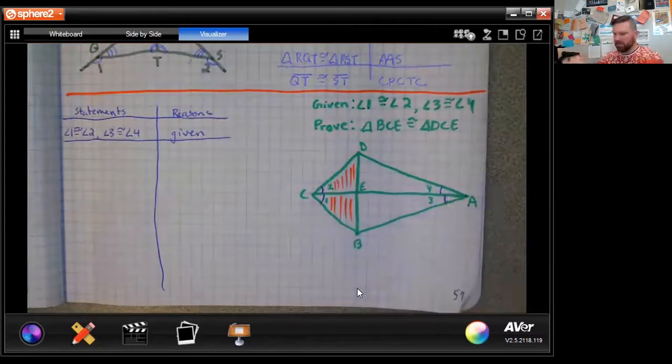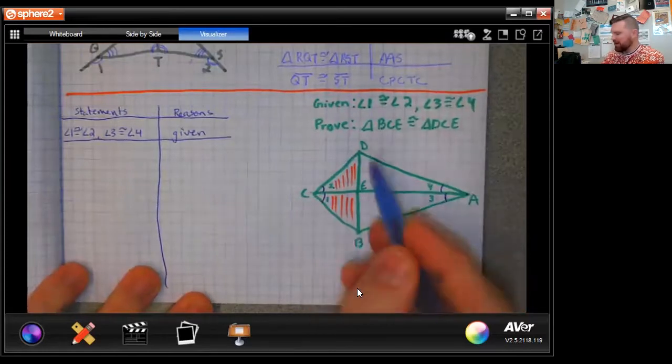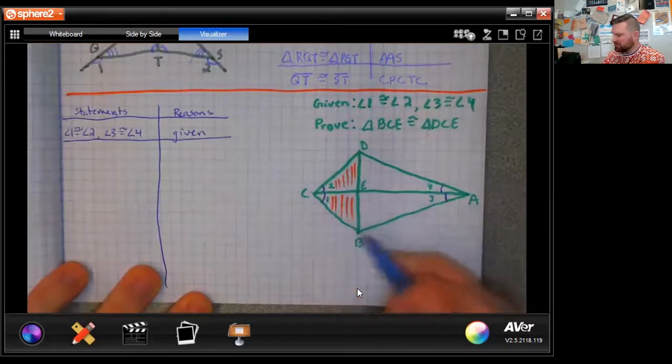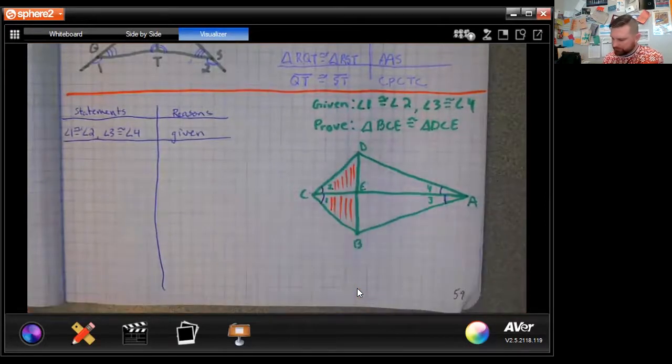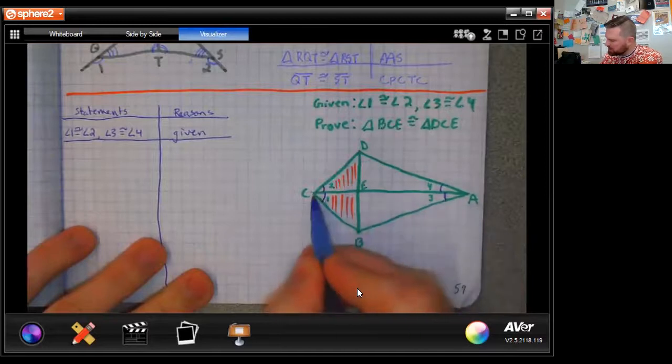Okay, and what that is going to do is I can say here that CA and CA are congruent. If I prove that these two big triangles are congruent, then every single part of those triangles are also congruent.